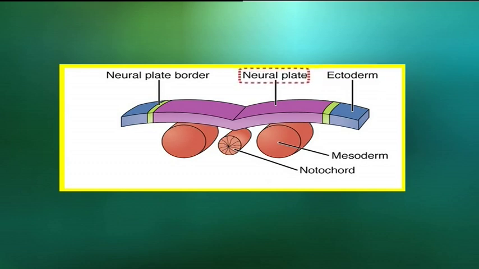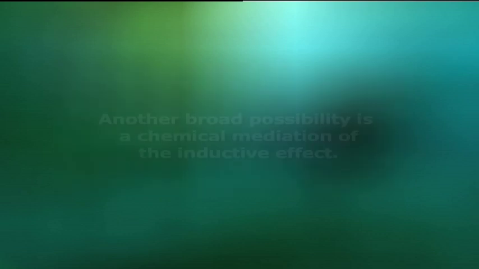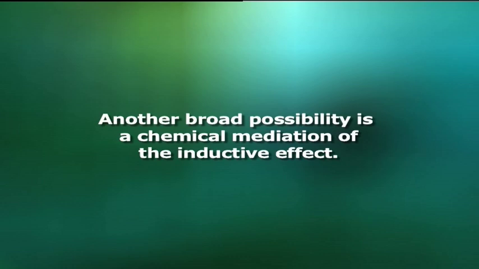Thus, the spatial configuration of the latter membranes might induce a change in the spatial configuration of the ectodermal cell membranes. This in turn produces, in the interior of the cell, changes that determine its development into the neural plate. Another broad possibility is a chemical mediation of the inductive effect.